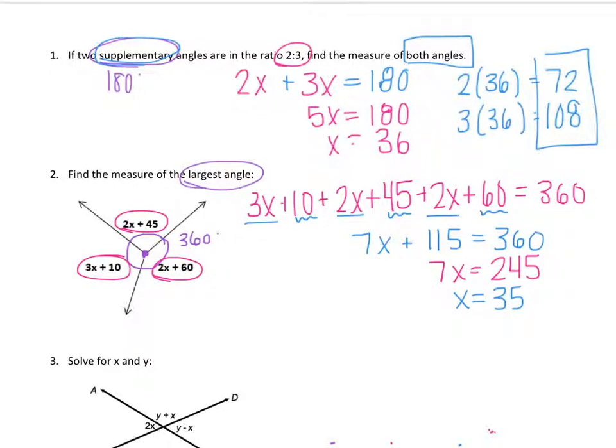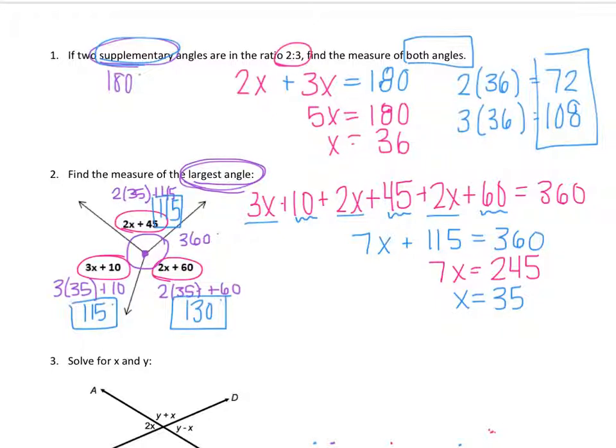Okay, so you should have found x to be 35. But remember our task here is to find the measure of the largest angle. So we do in fact have to plug 35 back in for x in all three cases here. So I have 3 times 35 plus 10, 2 times 35 plus 45, and 2 times 35 plus 60.